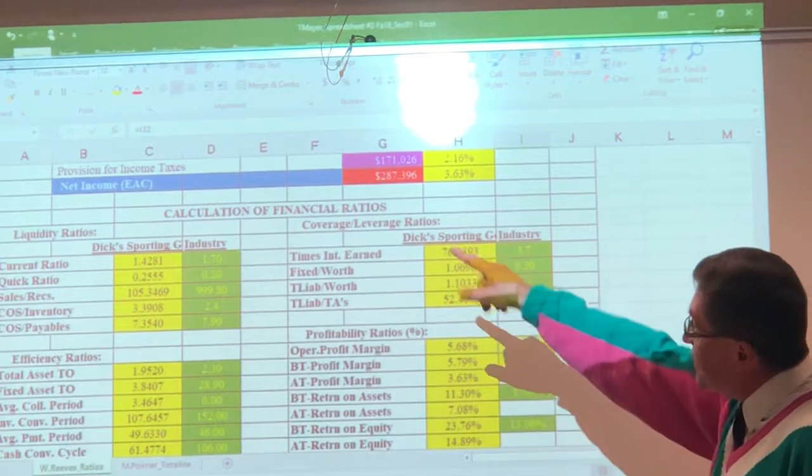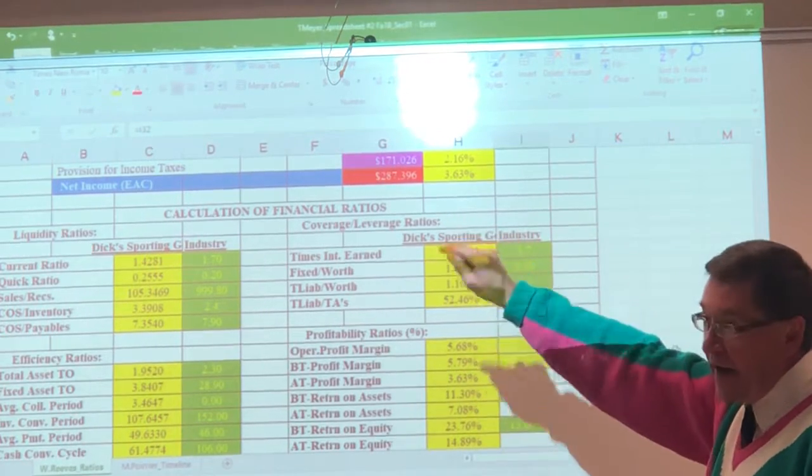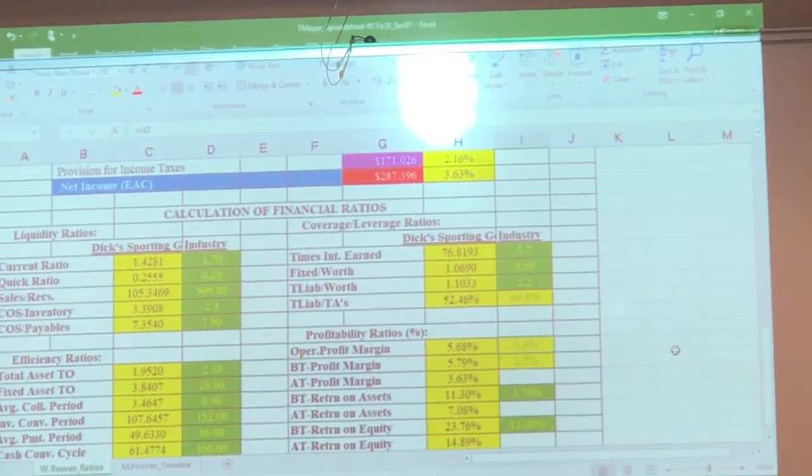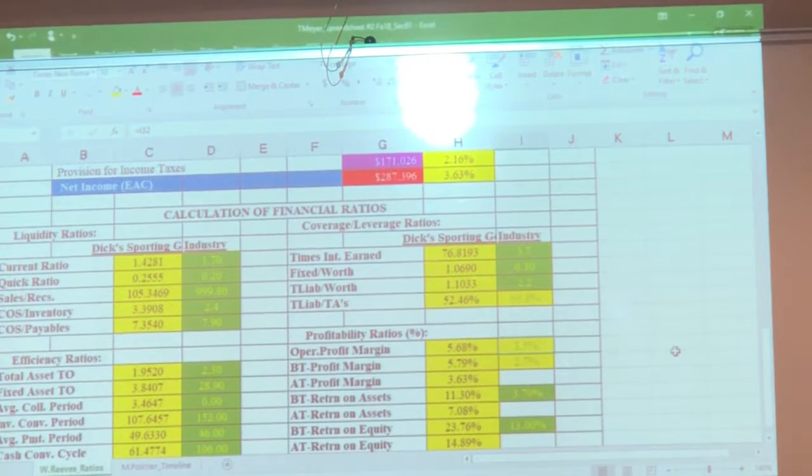So in I-47, type equals I-32. And the number's not going to change, it's just a cell reference. All right, then in I-48, you may already have a cell reference. It's supposed to be equals I-34.